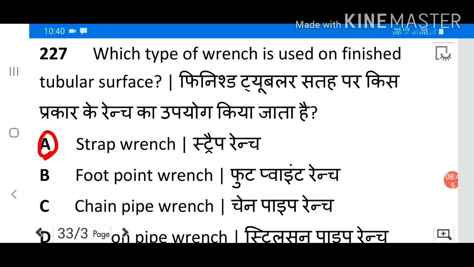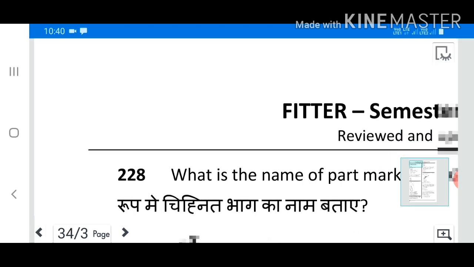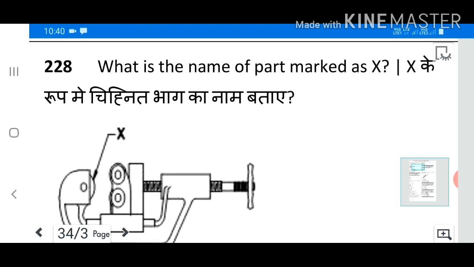227. Which type of wrench is used on finished tubular surface? Answer A. Strap wrench. 228. What is the name of part marked as X?